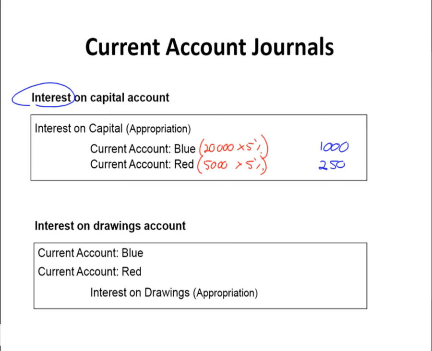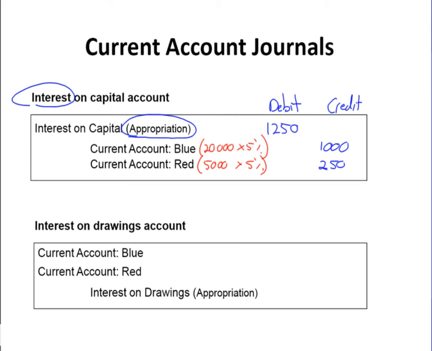Total interest on the capital account that goes to the appropriation account, please, 1,250, and we have a debit the appropriation account and credit the two current accounts. So we make the two current accounts bigger on the credit side because they're equity, and then the appropriation account will be debited.